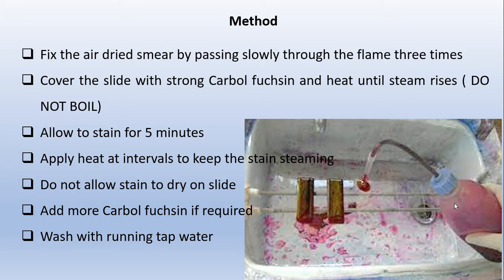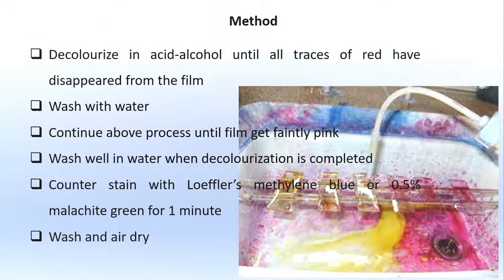Apply heat at intervals to keep the stain steamy. Do not allow the stain to dry on the slide. Add more carbol fuchsin if required. Wash with running tap water. Decolorize in acid alcohol until the traces of red have disappeared from the film.